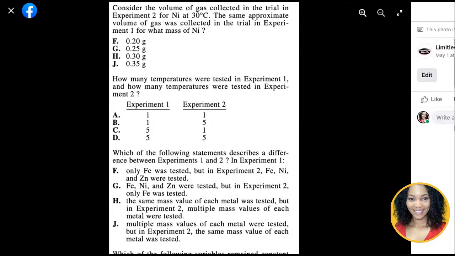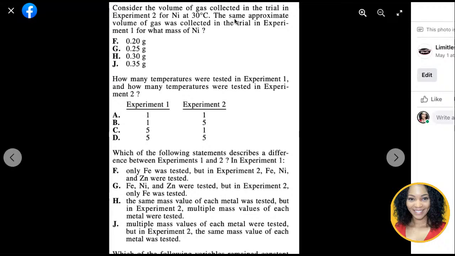But Ni, whatever that is, that's what we're looking for in experiment 2 at 30 degrees Celsius. So they're very specific with the directions of where you need to go. We're looking for experiment 2, Ni at 30 degrees Celsius for the volume. It says consider the volume. Okay, so we need to know what the volume is during experiment 2 for Ni at 30 degrees Celsius.